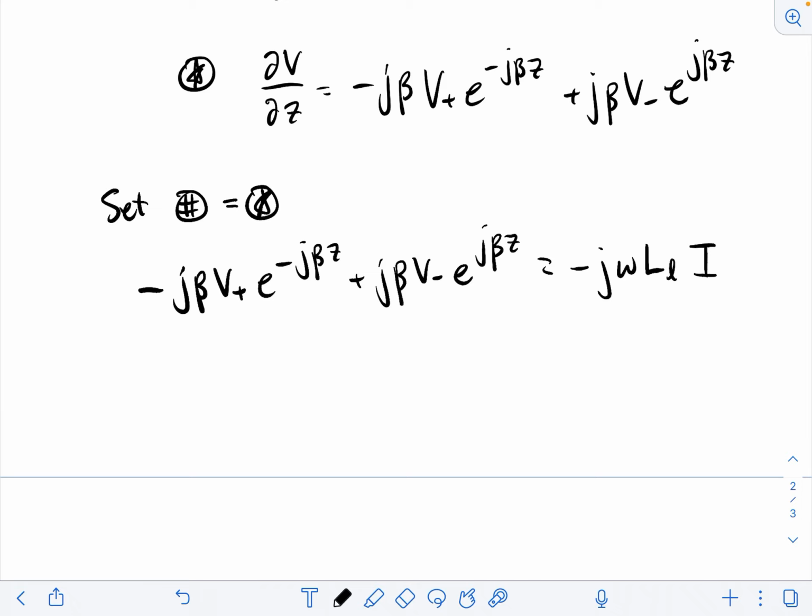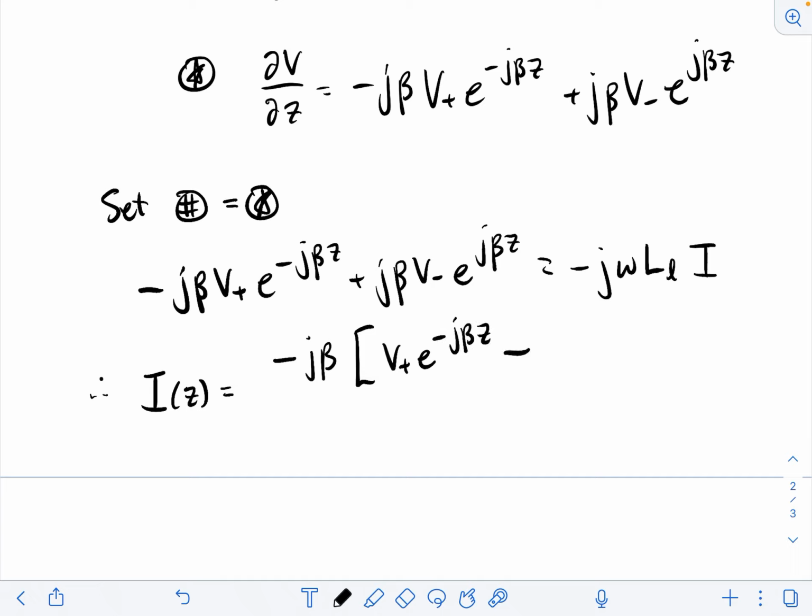so we could solve for the current amplitude, so the current as a function of z. I'm going to factor out a minus j beta, and that's going to leave us with V plus e to the minus j beta z.